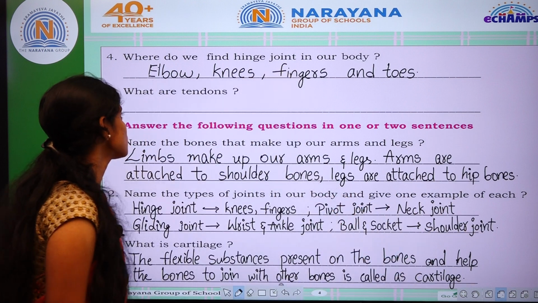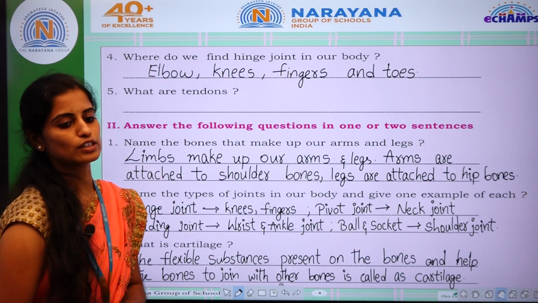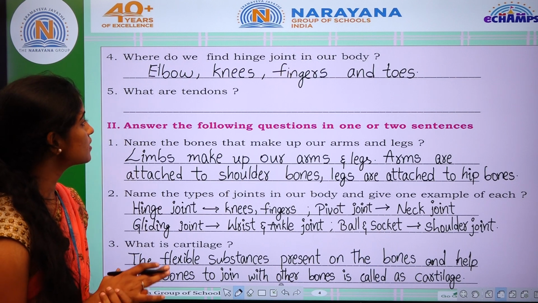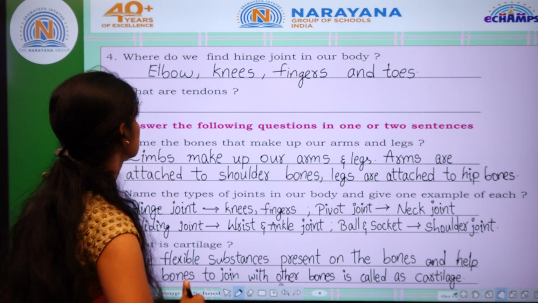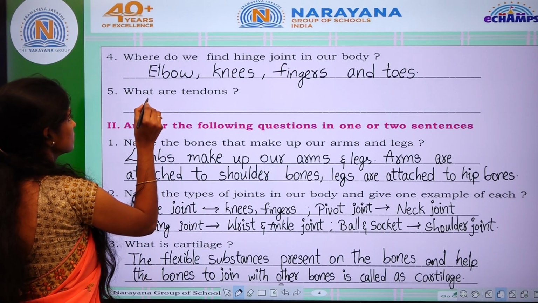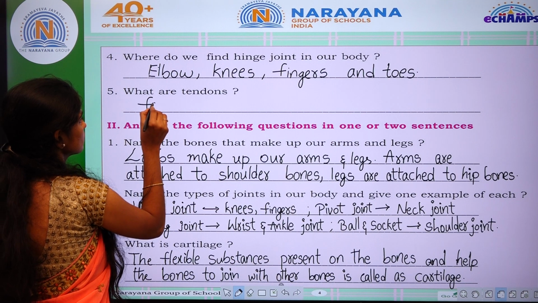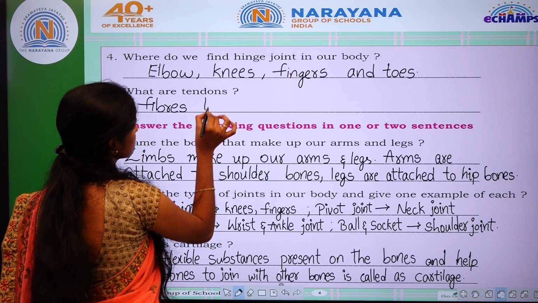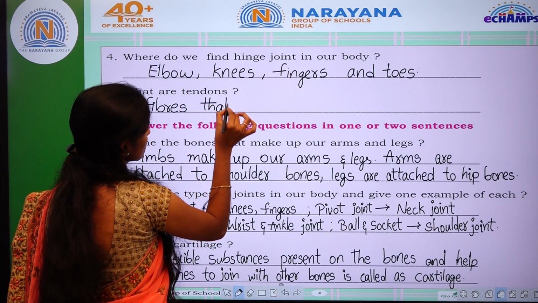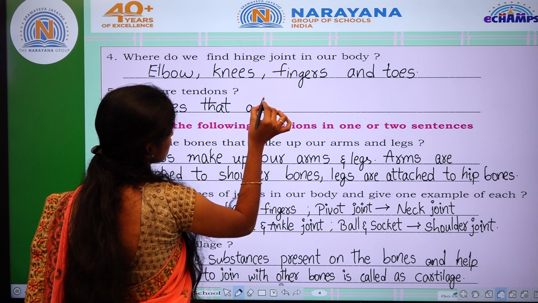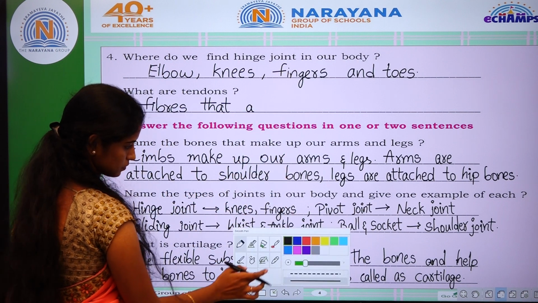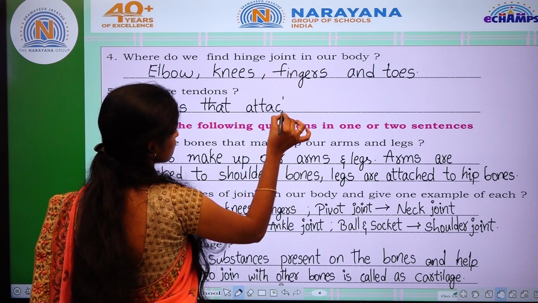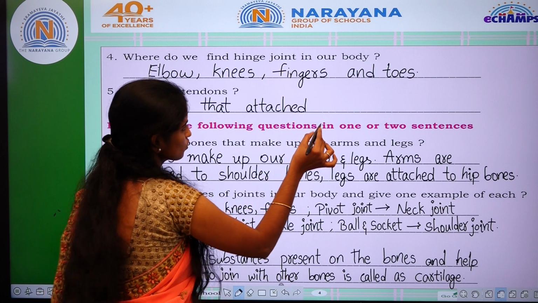Okay. Last question. What are tendons? So, what are tendons? Fibers that attach to the bones.